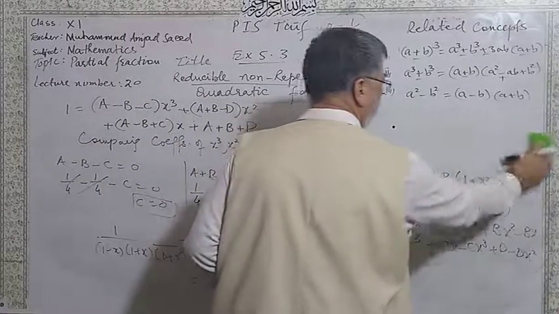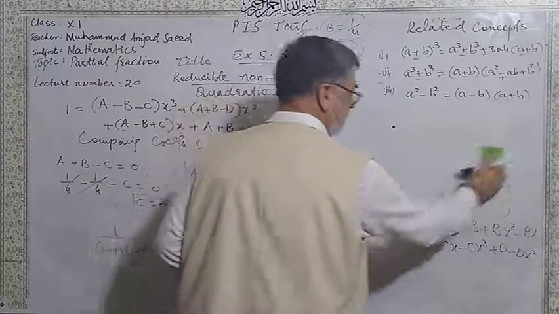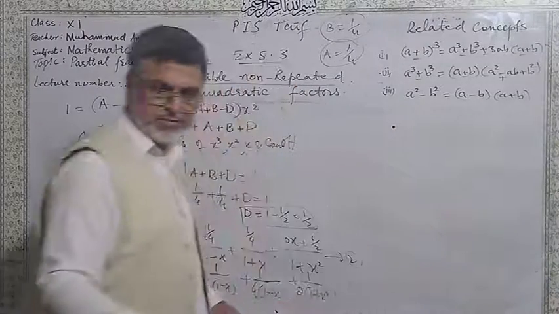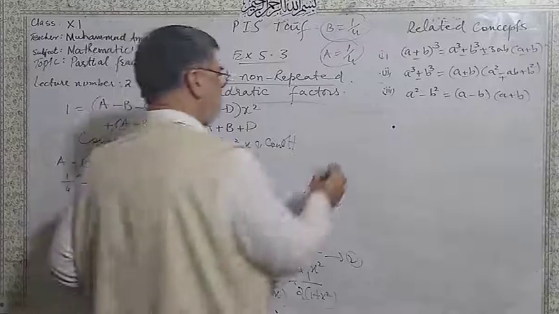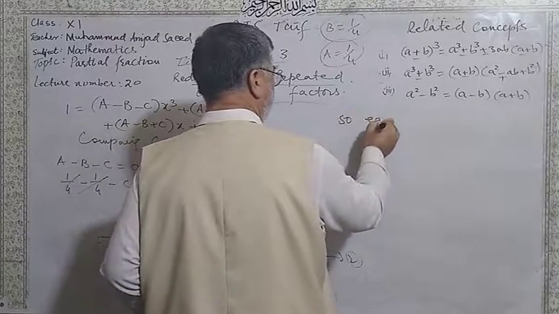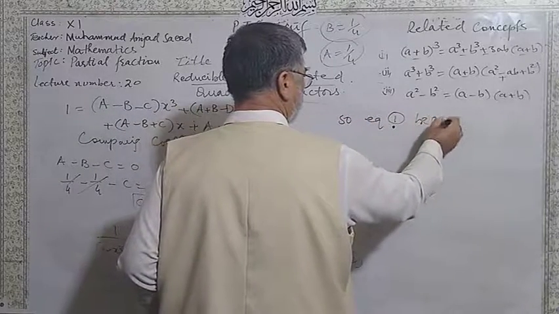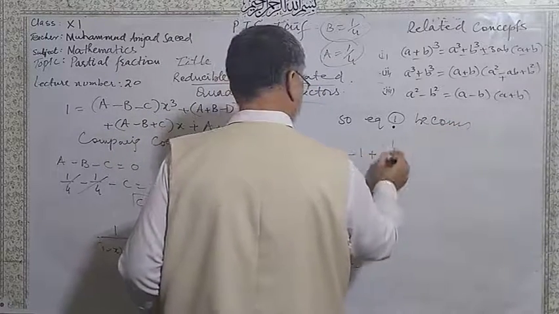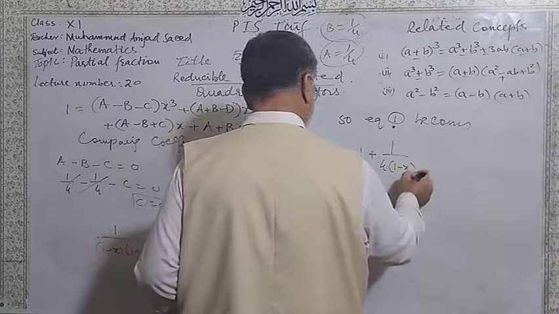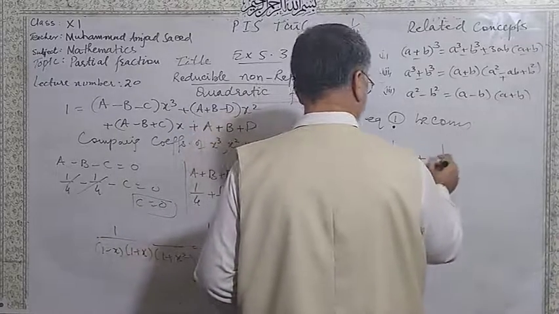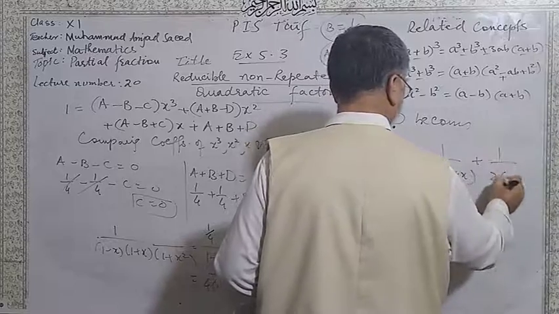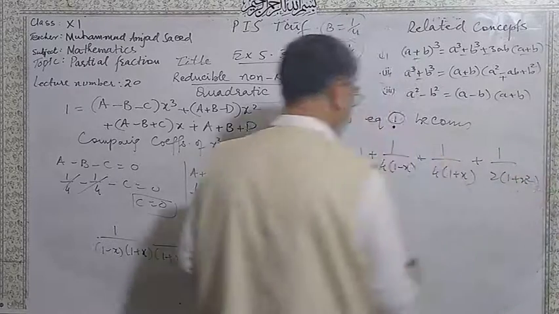Hence equation 1 becomes, remember that there was an equation 1, minus 1 plus 1 over 4 into 1 minus x plus 1 over 4 into 1 plus x plus 1 over 2 into 1 plus x square.